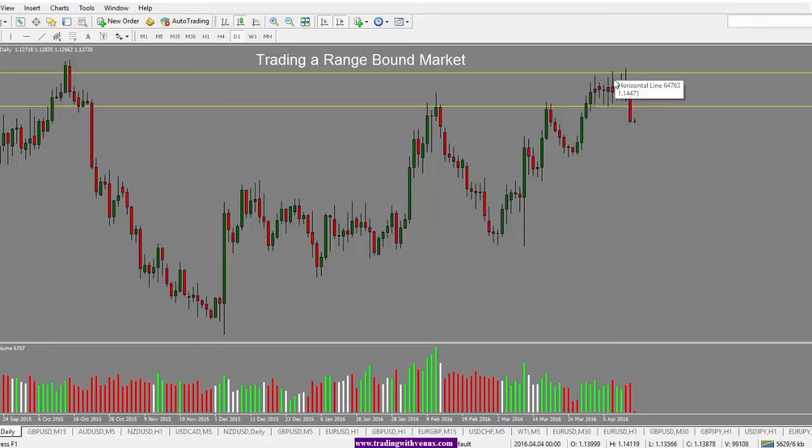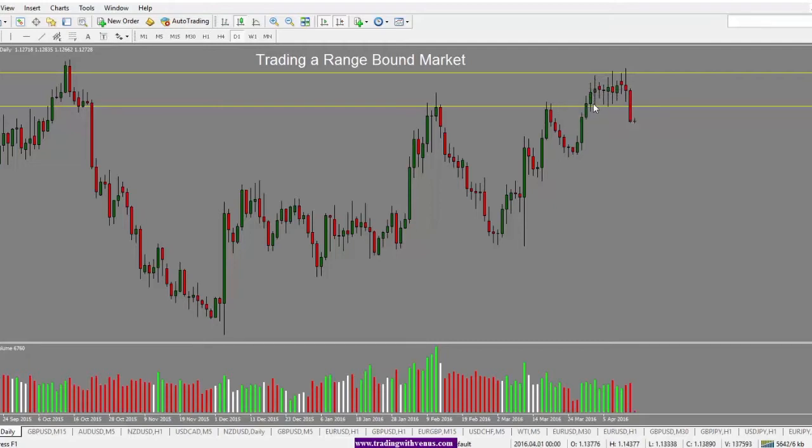So in this type of strategy, when the market is range bound like this, you're looking to buy every time the price comes into the bottom. Basically, you would draw the resistance line up top, and at the bottom you would draw your support line.